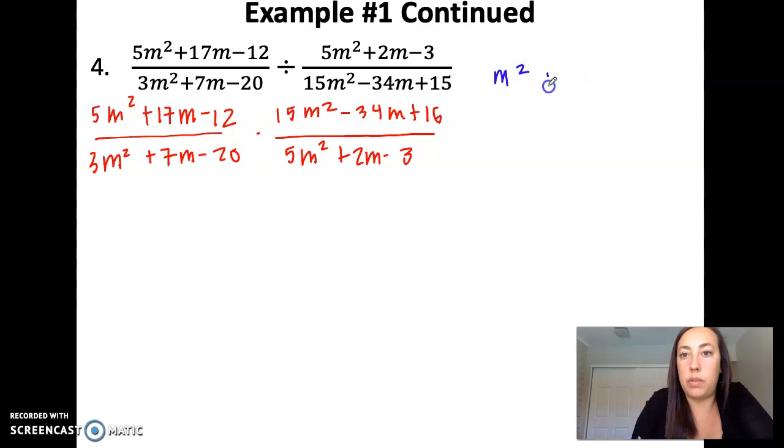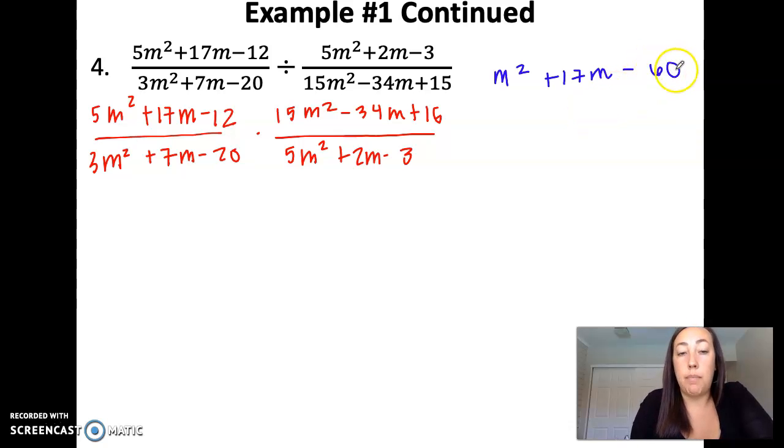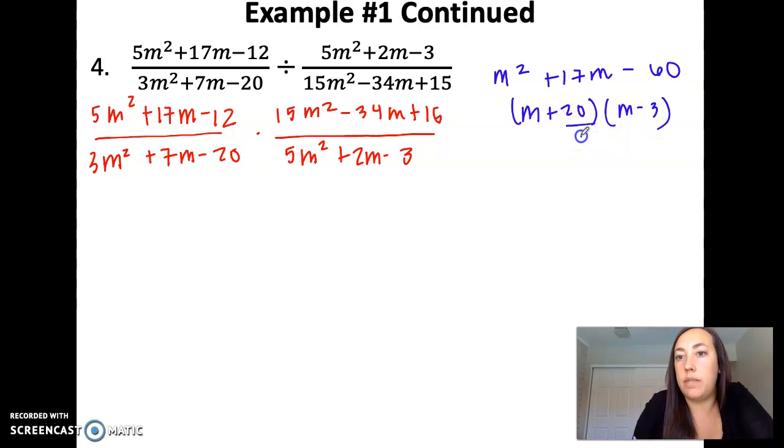So we get m squared plus 17m, and then it's going to be minus 60. Now you have to come up with two things that multiply to be negative 60 and add to be 17. Those two things are positive 20 and negative 3. And then we divide those by the number that was originally out front. So we get m plus 4. This one can't be simplified, so we bring bottoms up.